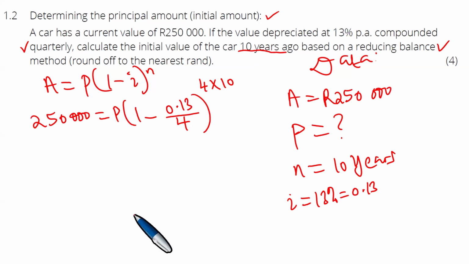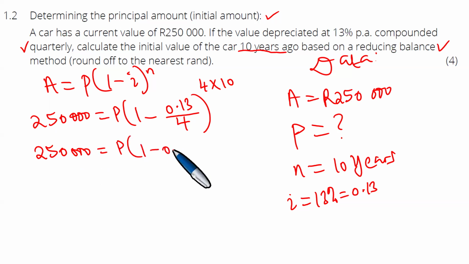Now, at this point, you want to get the present value, which means that you must remove all this stuff. So you'll take 250,000, present value, 1 minus 0.13, you divide by 4, 4 times 10.